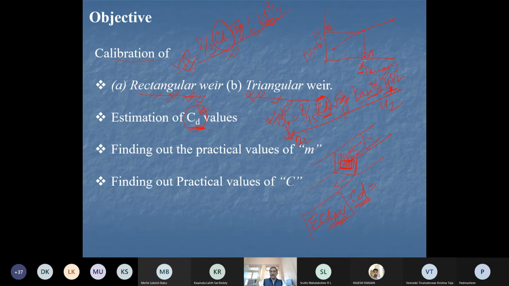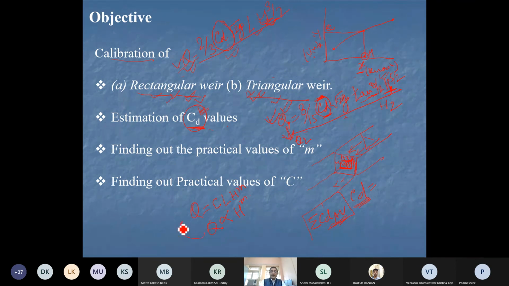Now you have already learned, or we have also learned, that the Francis formula was developed first. Discharge is related to any of the weir as C L H to the power m. Or say simply, it was developed by Francis by the condition that discharge is proportional to the head to a particular power m.